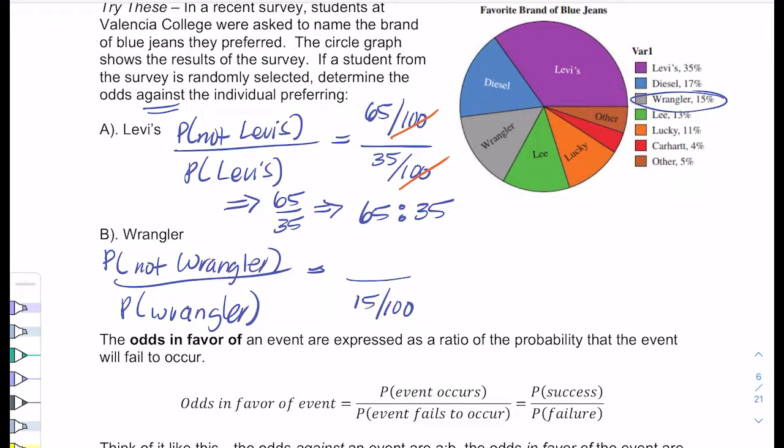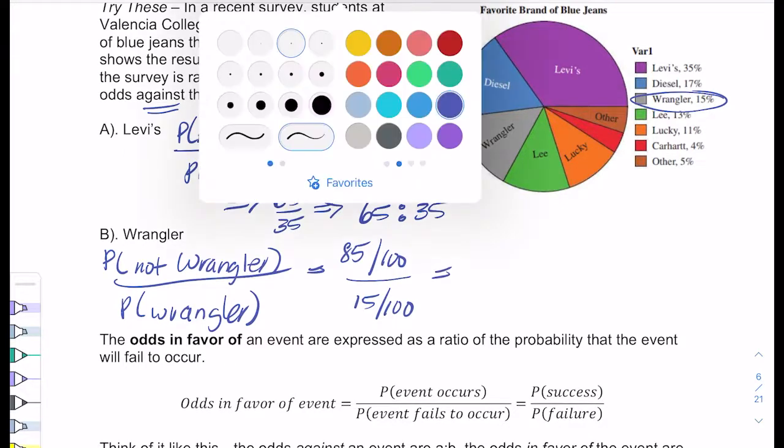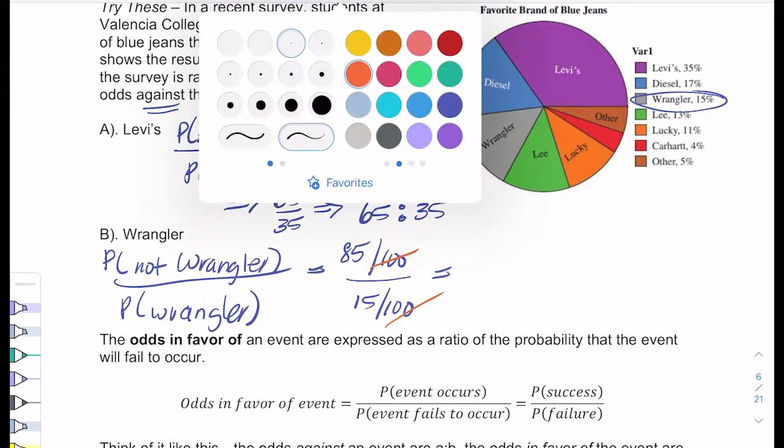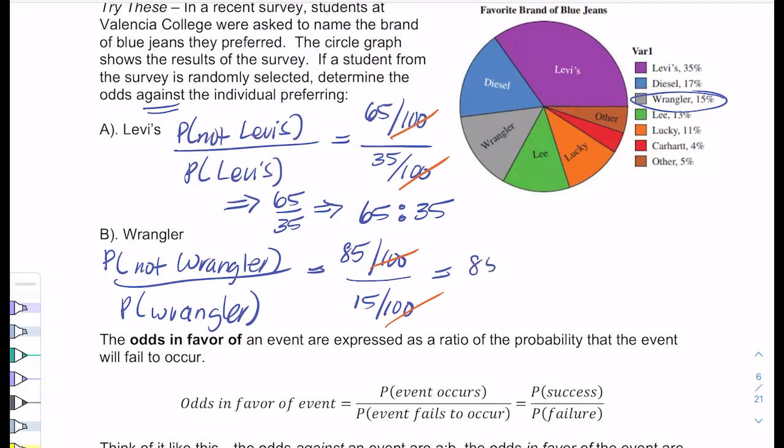If 15 out of 100 prefer it, it's just 100 minus 15 that don't. So 85 out of 100 don't. And again, you can cancel out the 100s, and you're left with 85 over 15, which we would write as 85 colon 15. So it's an 85 to 15 odds against an individual preferring Wrangler.